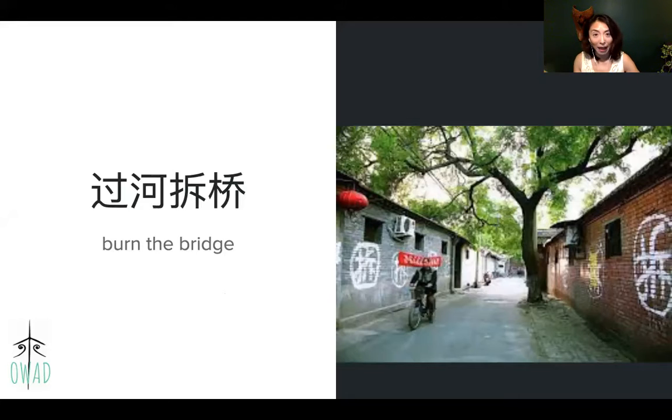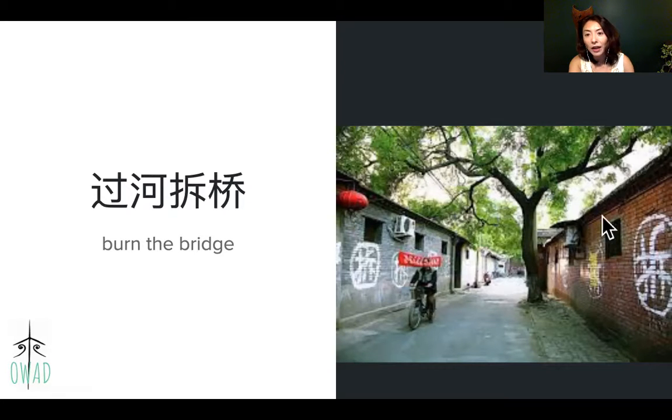You cannot go back anymore. But here the effect is the same. The bridge was destroyed. But in 过河拆桥, the purpose is to disassemble the bridge. We didn't use burn, we used disassemble, something related to hand. Disassemble the bridge so that your enemy cannot cross the river.